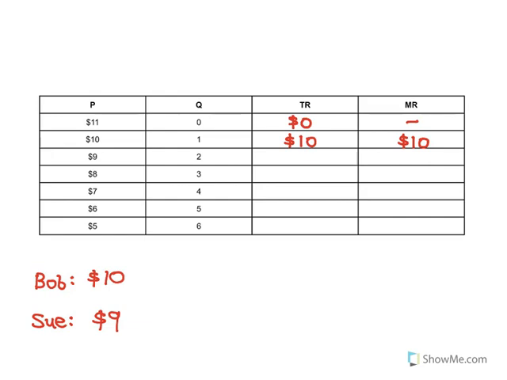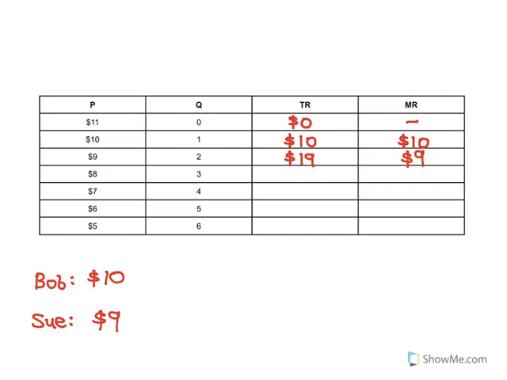But the beauty of a price discriminating monopoly is we can charge Bob $10 and Sue $9. And so total revenue here is actually $19 and marginal revenue is $9.